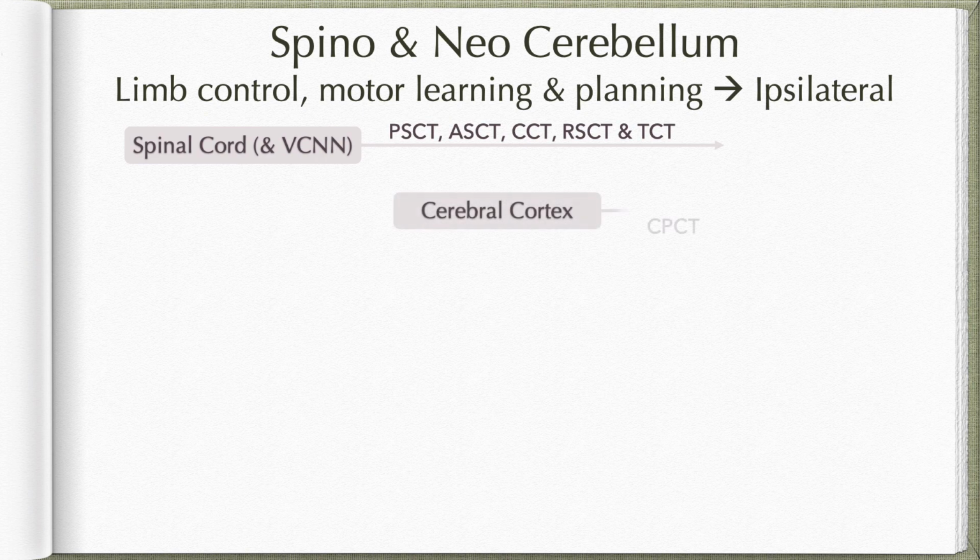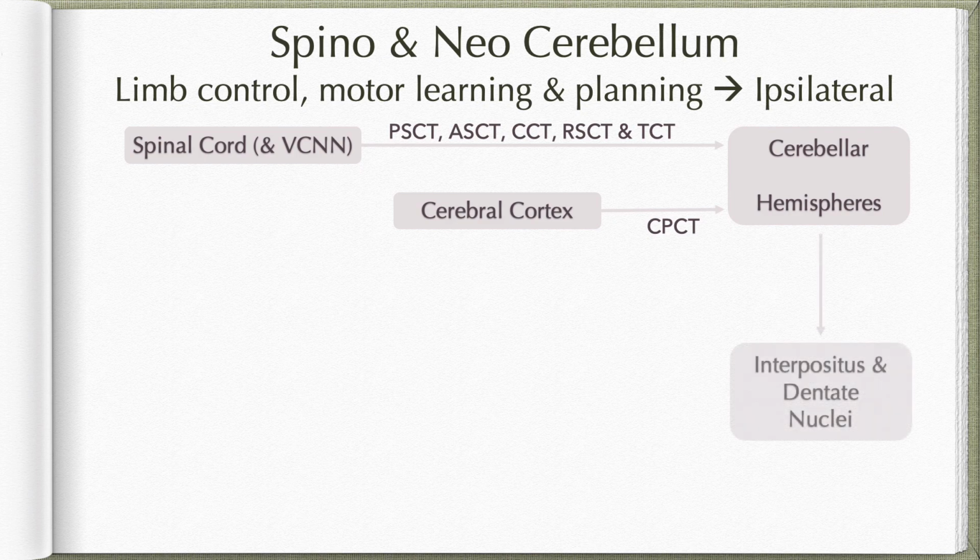The neocerebellar area will receive predominantly input from the cerebral cortex as corticopontocerebellar tract fibers. Now, both these areas, that is spinal cord as well as cerebral cortex, will be projecting to cerebellar hemispheres, that is both intermediate zone and the lateral zone. From the cerebellar hemispheres, the projection is to nucleus interpositus and dentate nuclei.